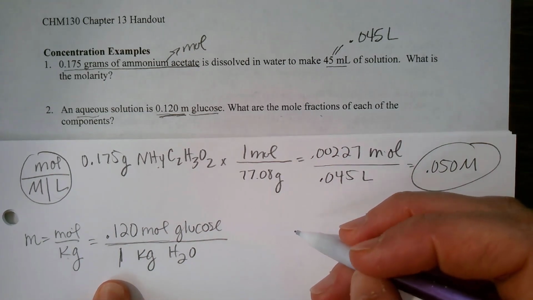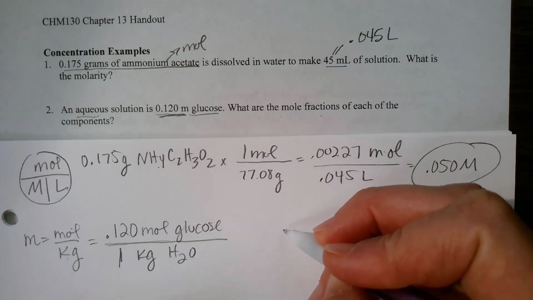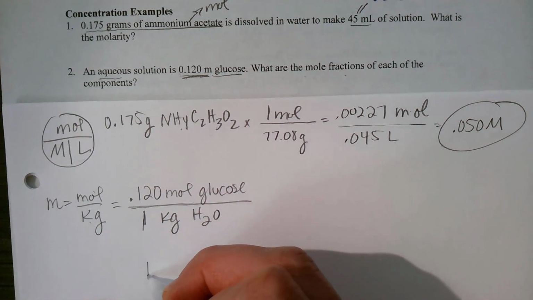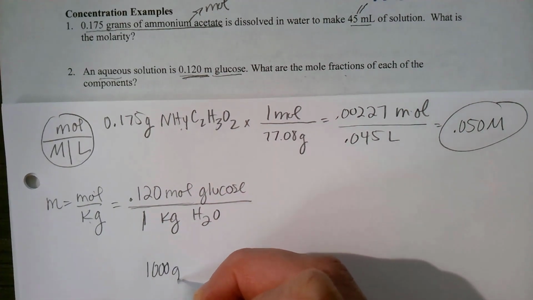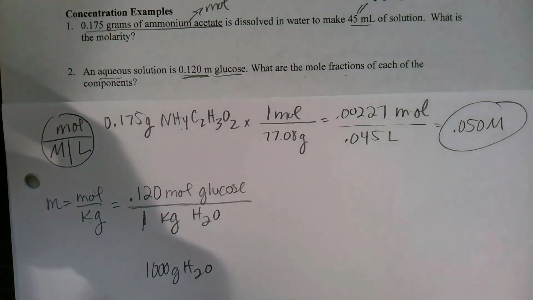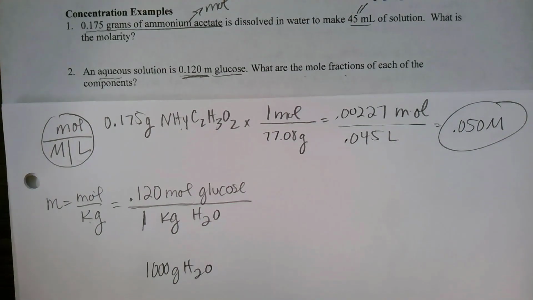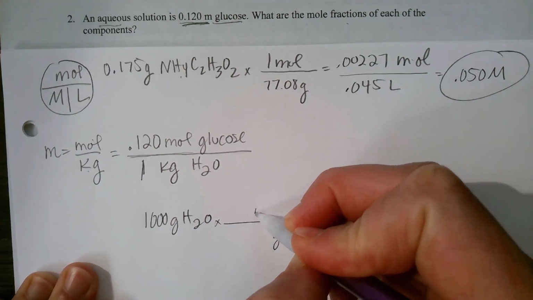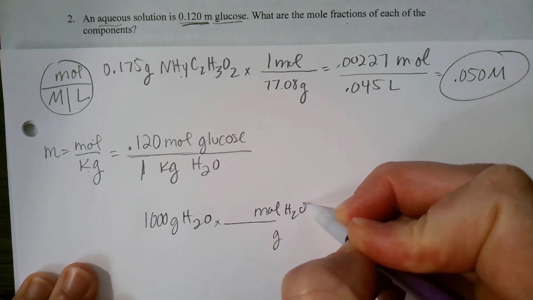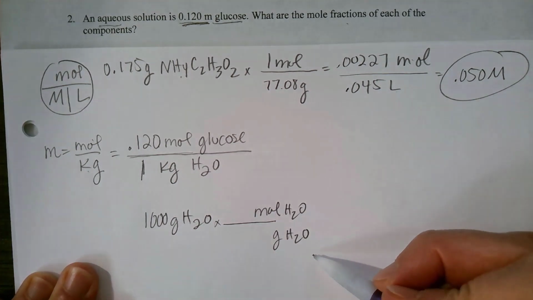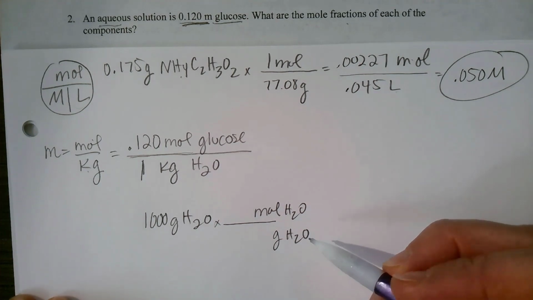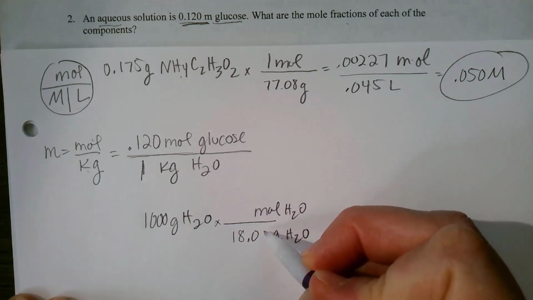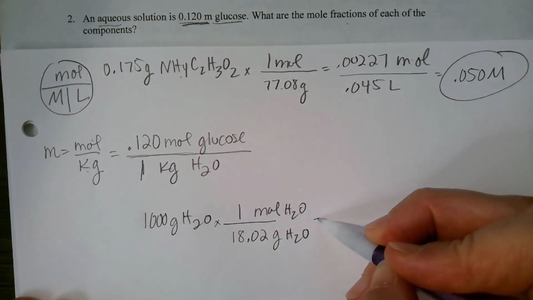Well, if I have 1 kilogram, that means I have 1,000 grams of water. And if I know grams, I can get to moles, right? Grams to moles of water. What's the molar mass of water? 18.02 grams of water for 1 mole of water.